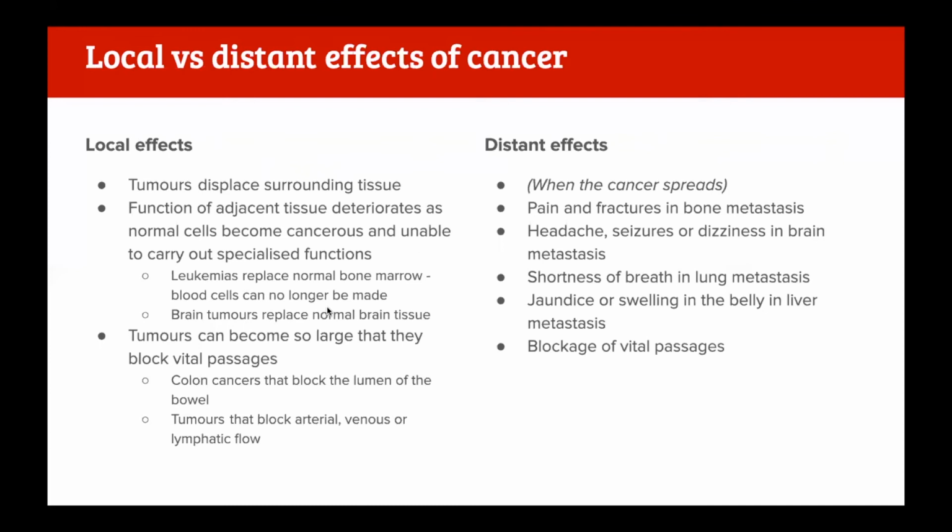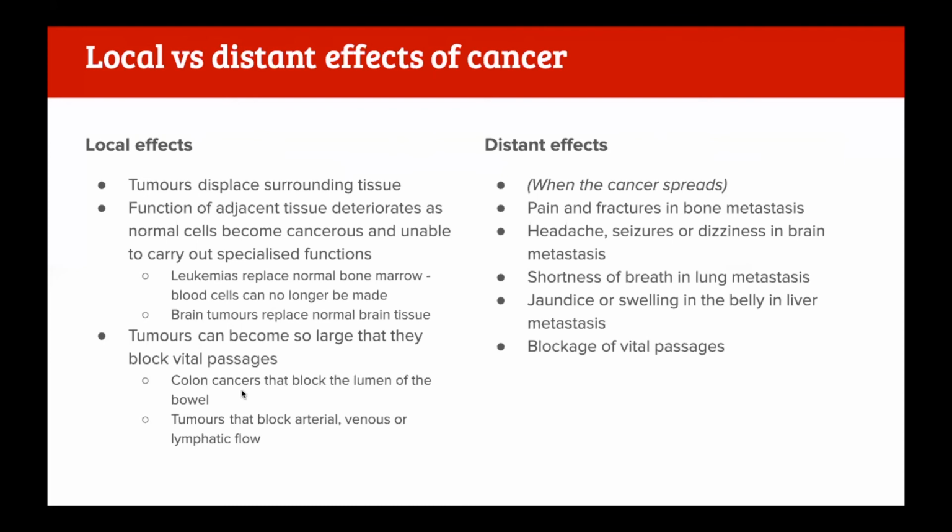So, for example, you have leukemias replacing normal bone marrow, and therefore blood cells can no longer be made, or brain tumours replacing normal brain tissue, and you won't be able to carry out certain body functions anymore. And also tumours can become so large that they block vital passages.